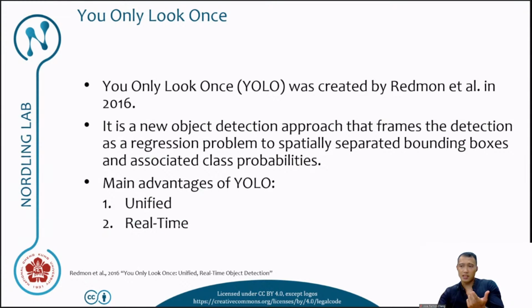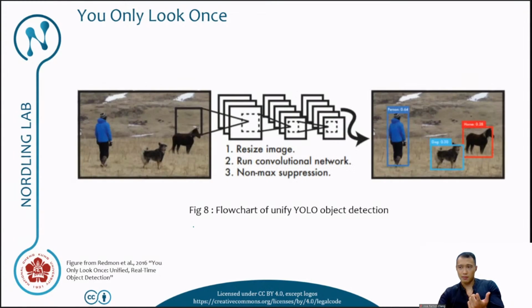And then because it is unified, it's real time. So basically, previously there was a picture, region proposals, neural network, and then the result. Now it's just the image: you pass it through a convolutional neural network, and this will give you the detections, so where is the object plus the class probabilities.